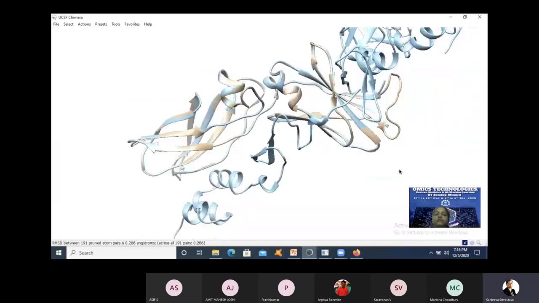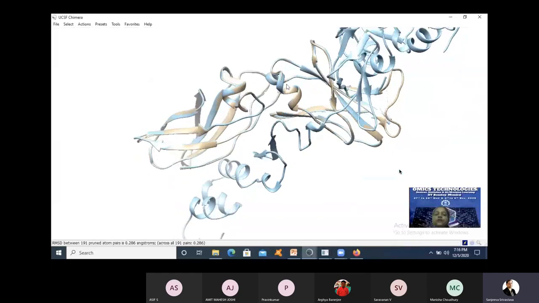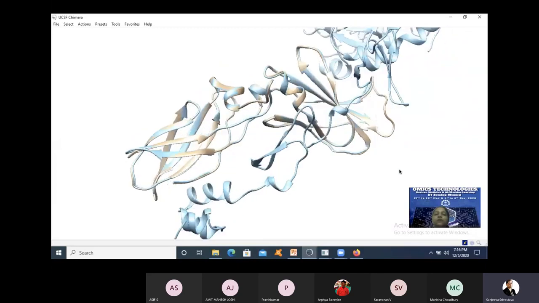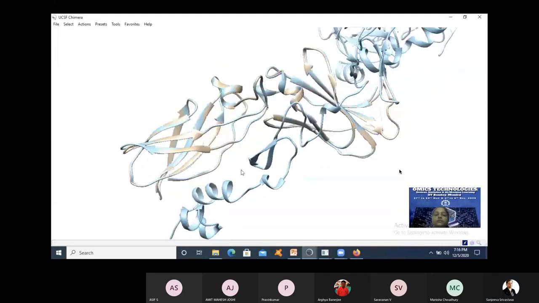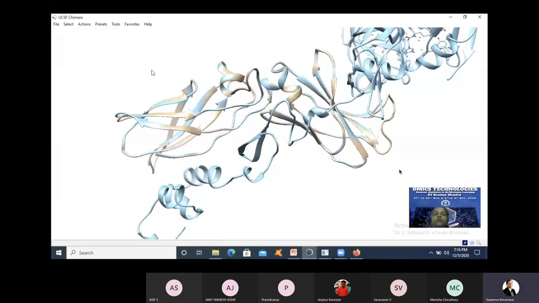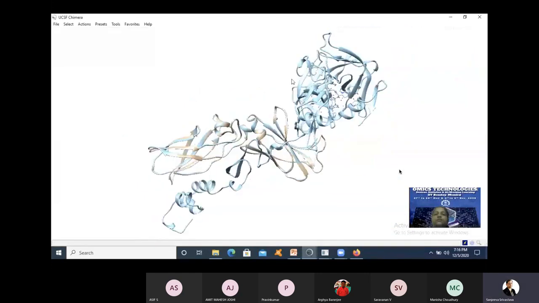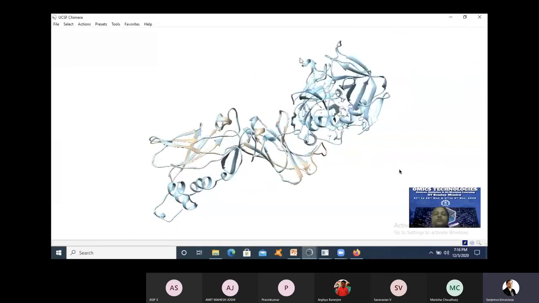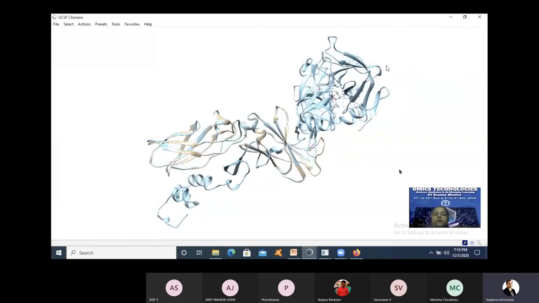Okay, so you can see this is the light chain and the tissue factor of the complex and the tissue factor which we later uploaded here. So these both have got overlapped. So this is how this kind of superimpositions of structures also can be done using Chimera.